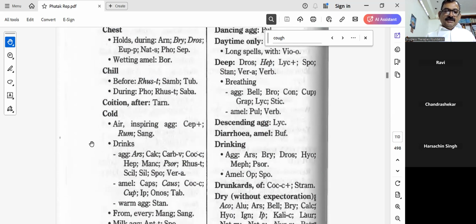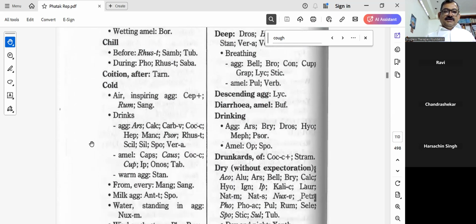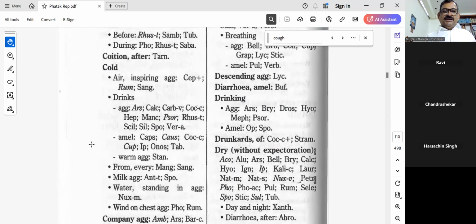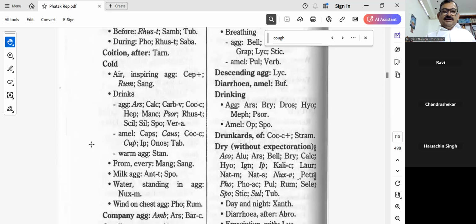Okay. Then cold. Cold air inspiration, aggravation. Cold drinks aggravation. No, they say I'm thirsty for cold water. I like cold water, but the sooner I take it, I get it. Whenever I drink cold water, I get it. Like that, they tell. And some people say, I am drinking cold water, cold drinks.